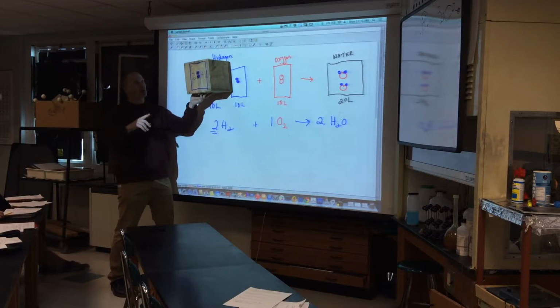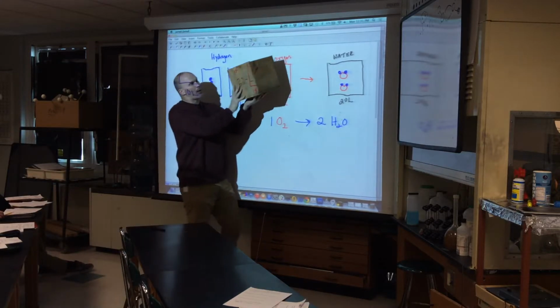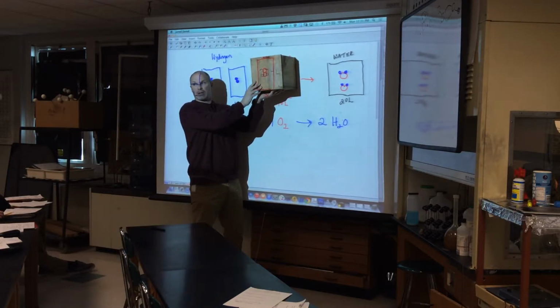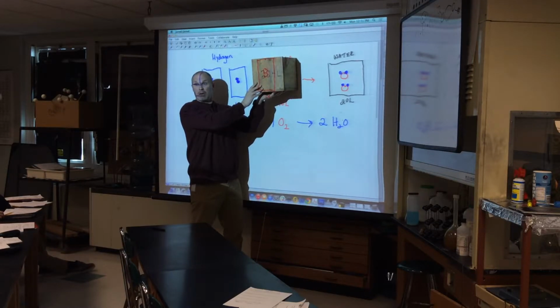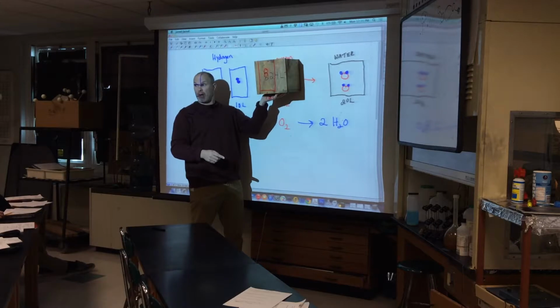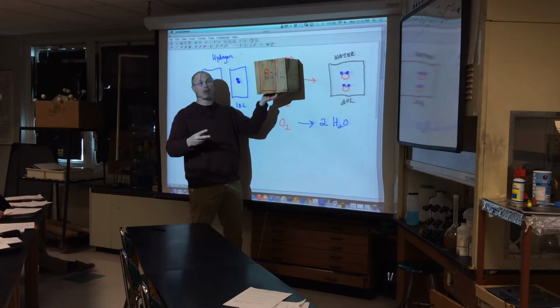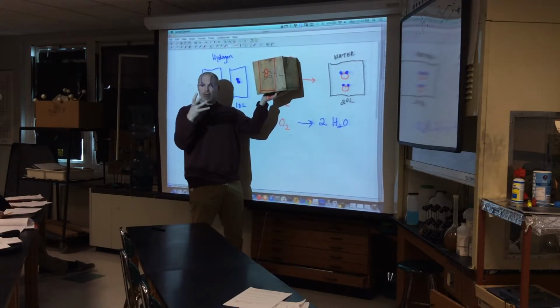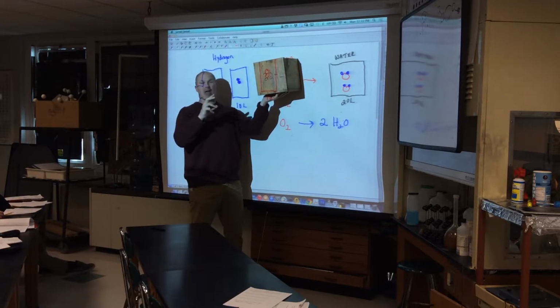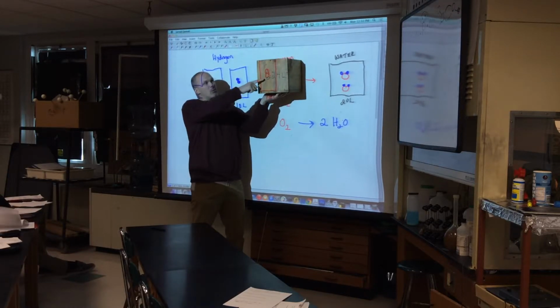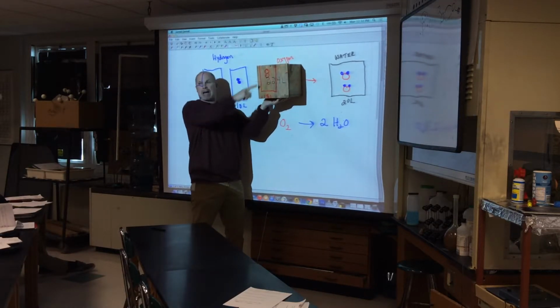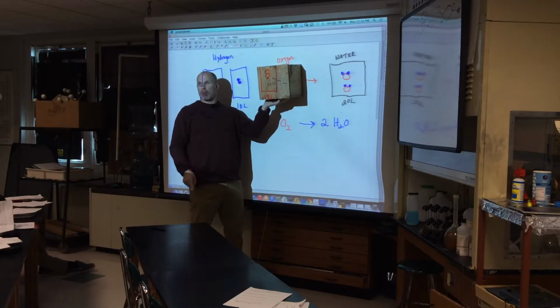And when we compared a box of hydrogen to a box of oxygen, this was 32 grams exactly. We picked this size because it gave me 32 grams. We picked 22.4 liters to be that universal amount to compare because it gave me 32 grams. Knowing that oxygen is diatomic, what's the mass per 1 mole of oxygen? 16.